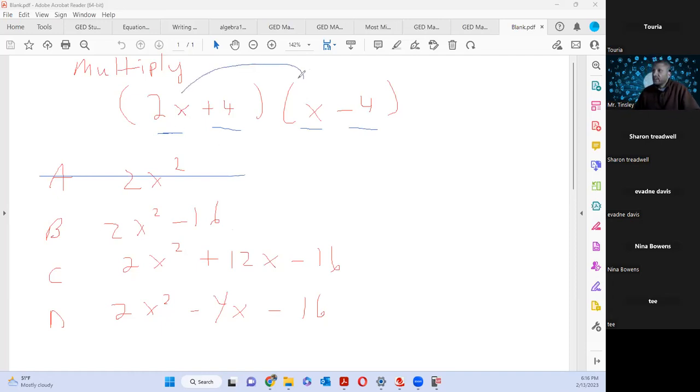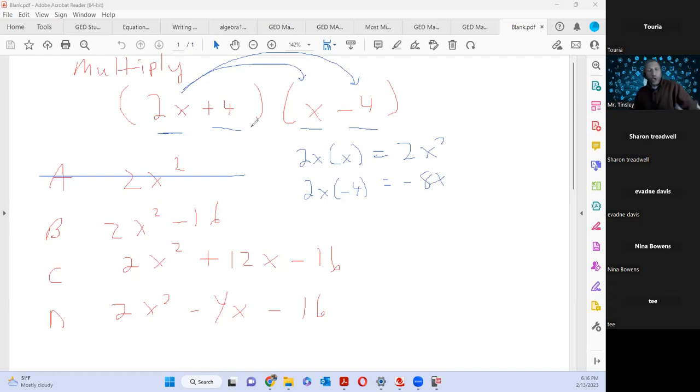All right, so let's do it. 2x times x is 2x squared. 2x times minus 4 is negative 8x.